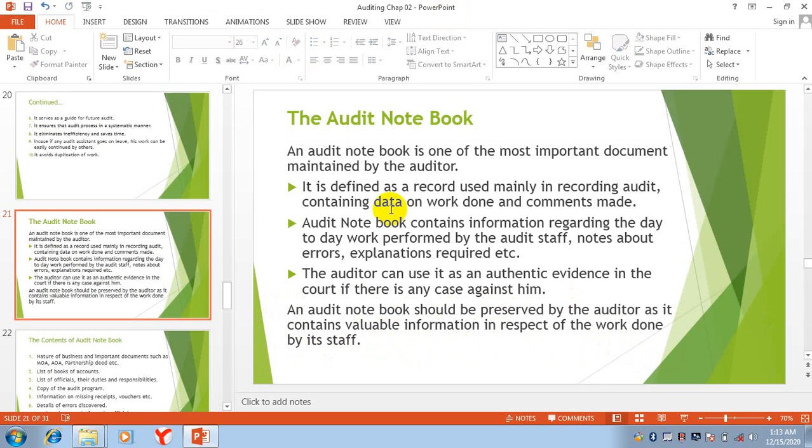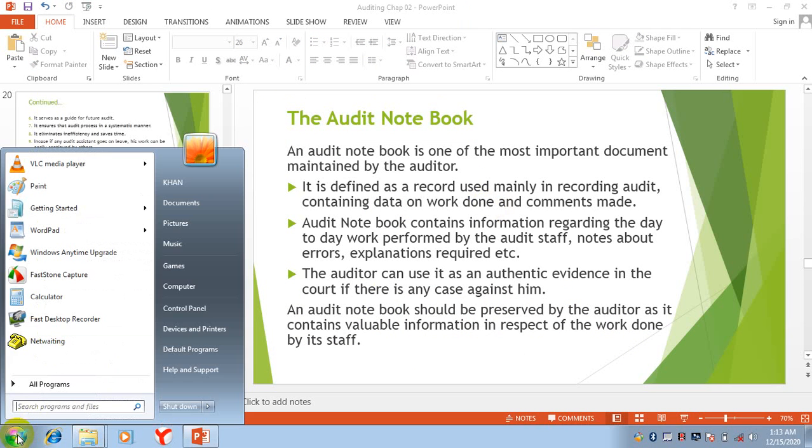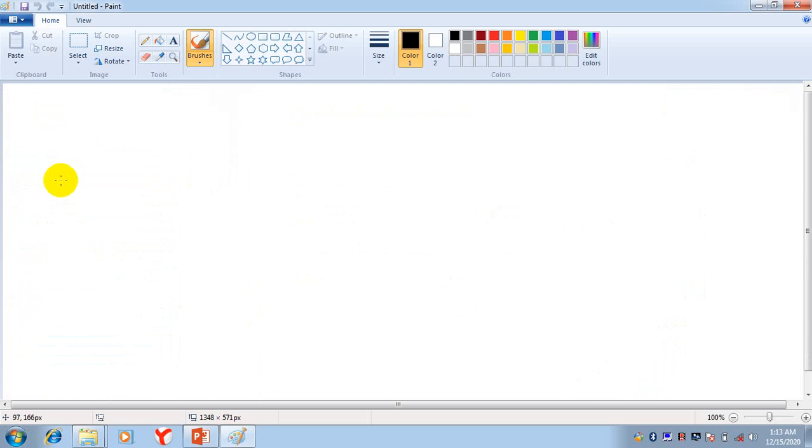So in short, what is the audit notebook? In simple words, a notebook is a book. In this book, we are keeping information about the work performed by the audit staff, the day-to-day work performed by the audit staff.